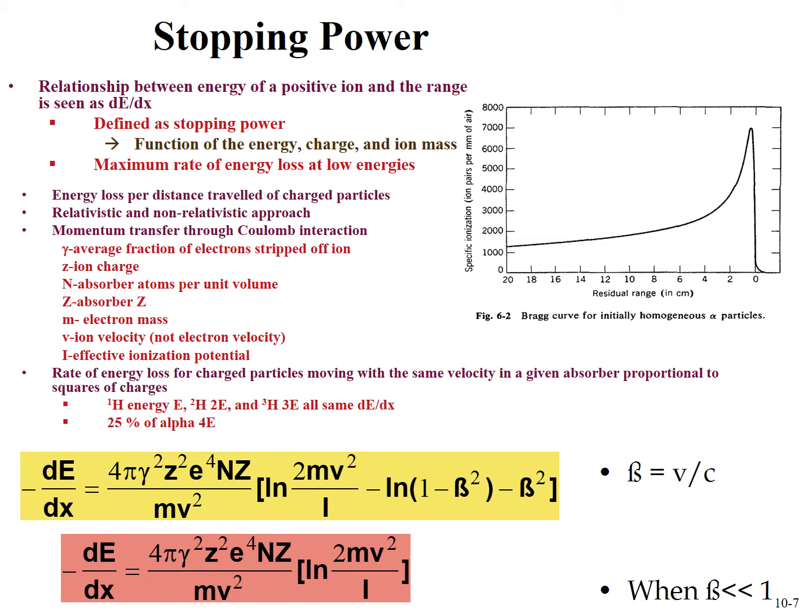And the fundamental equations describing the energy loss as a function of distance are shown here. One is for when the velocity is approaching relativistic terms and one for when it's not relativistic.